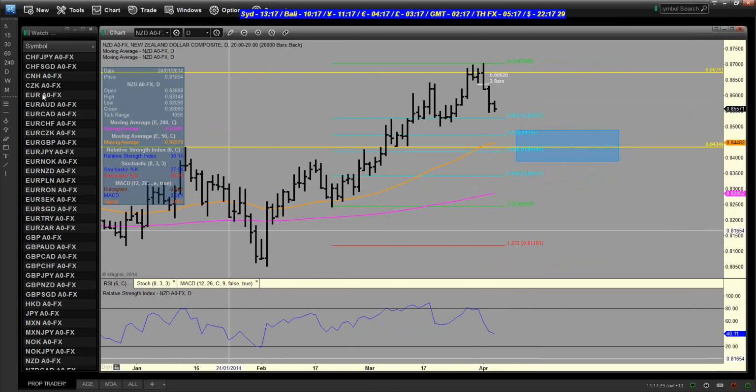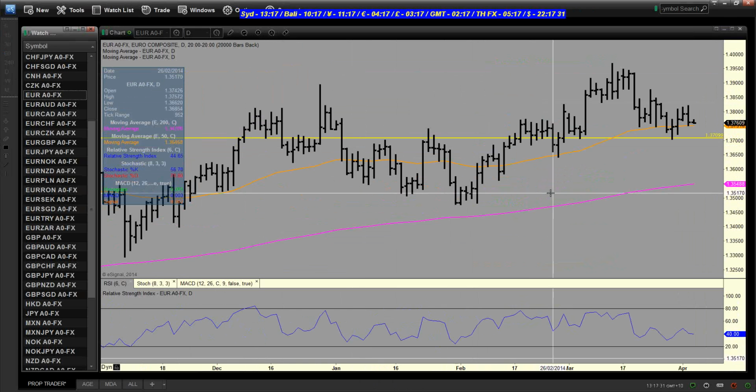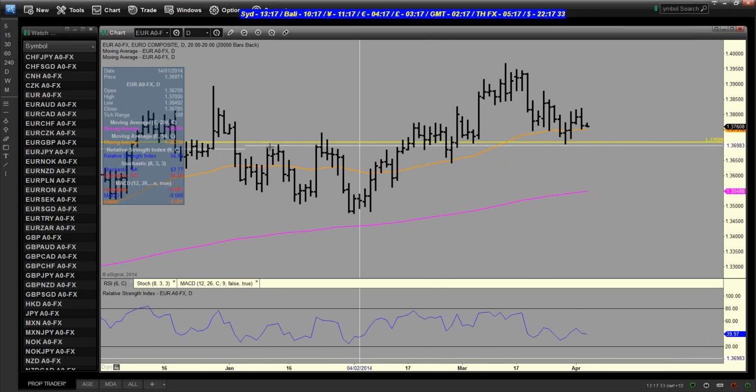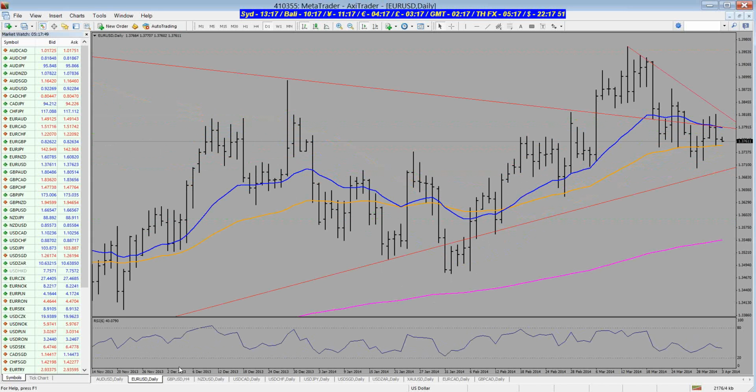Where was I? Euro. The Fibonacci that you should be looking at, okay, is that. And you're saying you got the 786 support. And if you're in this, the euro looks a little different in MetaTrader. Oh no, it's similar. It's an engulfing bar, so your stop should remain there. You've got trend lines going everywhere in this thing.